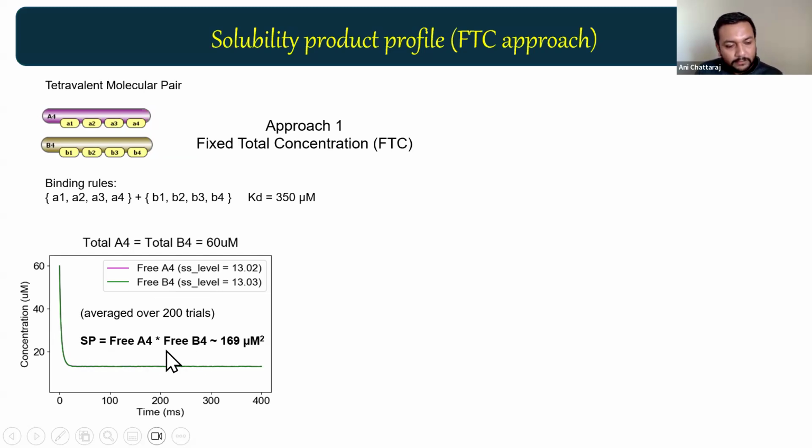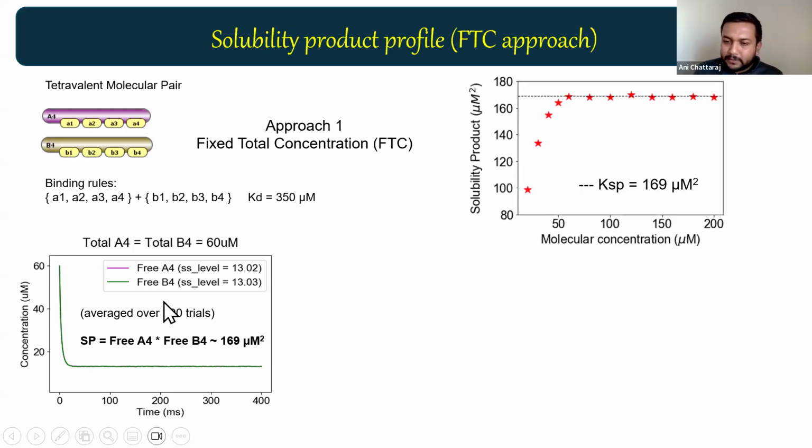We take the product of this free A and free B, and we call that product the solubility product. Remember the analogy of the salt example: in our case, we have free A times free B, and that's the definition of the solubility product. In this particular example, the solubility product is 169, because both A and B are 13. We repeat this exercise for a wide variety of concentrations, and we see something interesting.